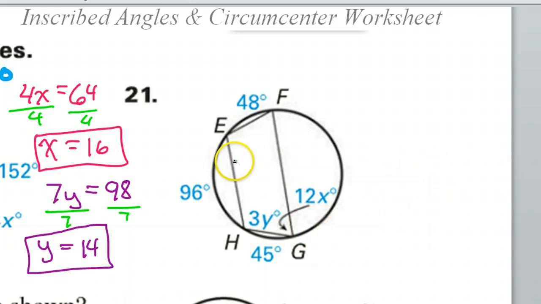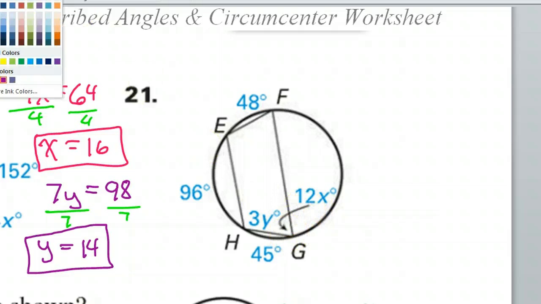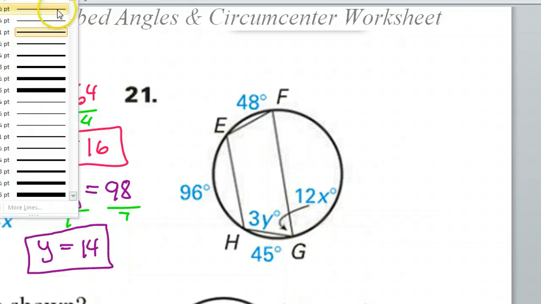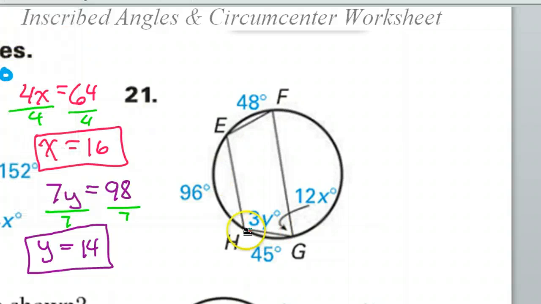Now, let's look at number 21. Okay, let's do the same type of thing. Okay, let's start with angle G here. Alright, look at this angle, angle G. Alright, now look at the inscribed angle.